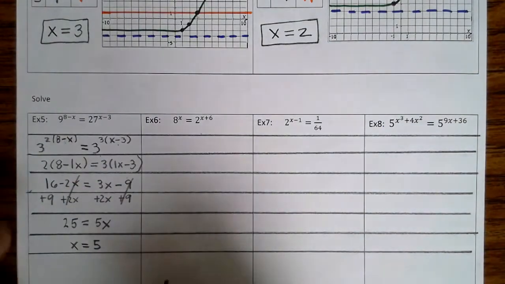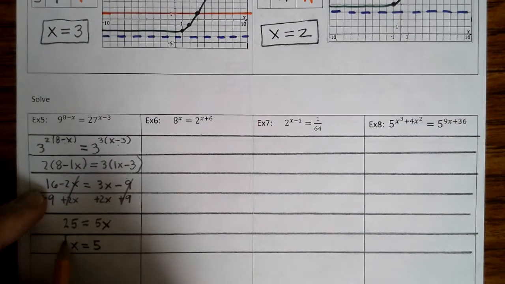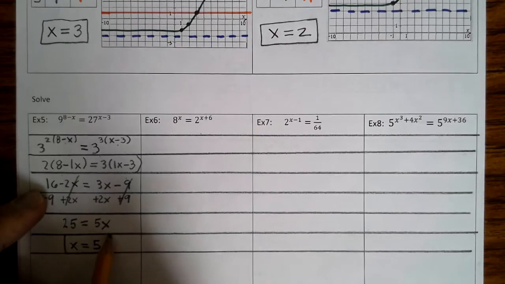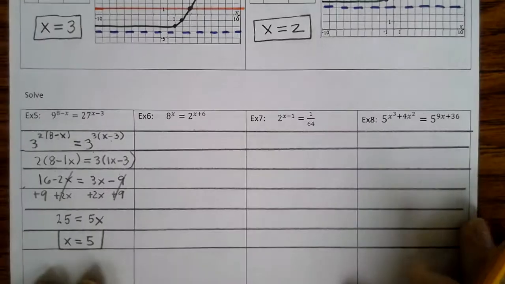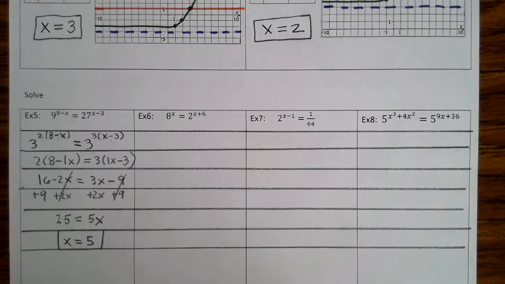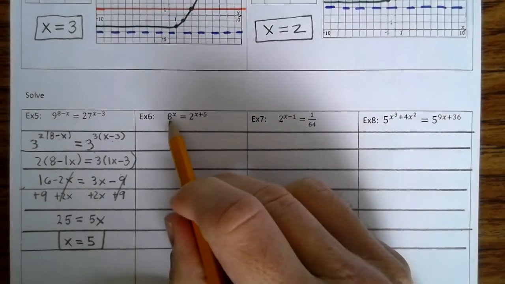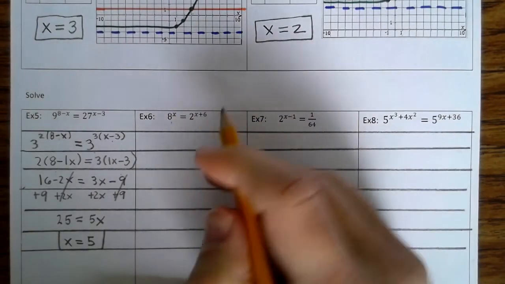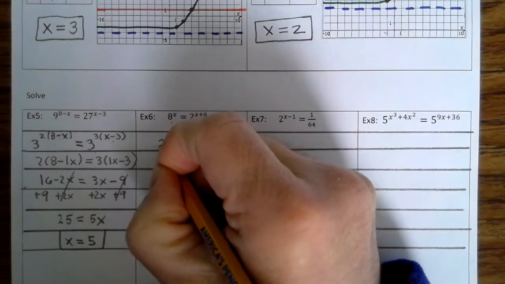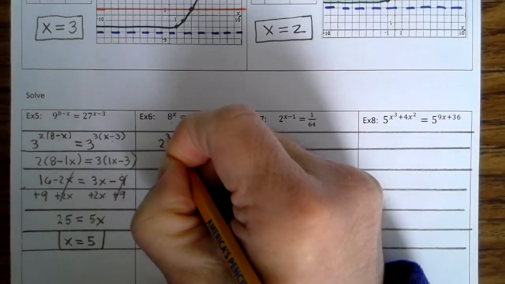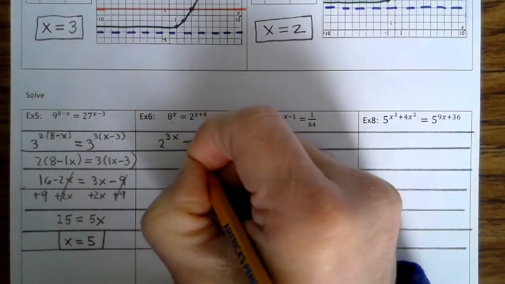Okay, let's take a look at example 6. So again, we want the same base. So I see a base of 2 here, and I'm thinking, well, is there a way to write 8 with a base of 2? There is. 2 to the third power is 8. Okay, now the bases are the same, so the exponents are equivalent.